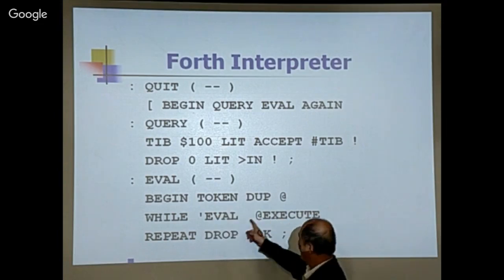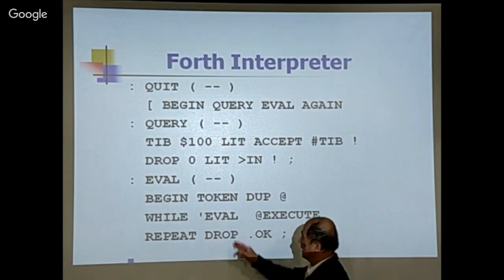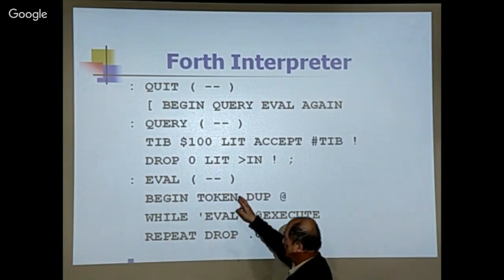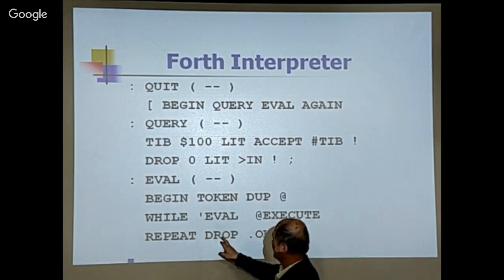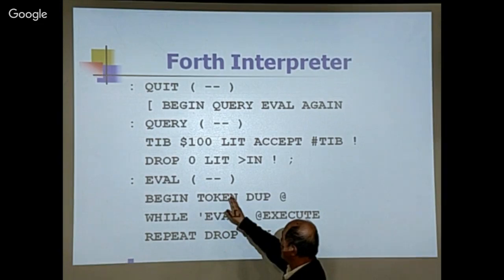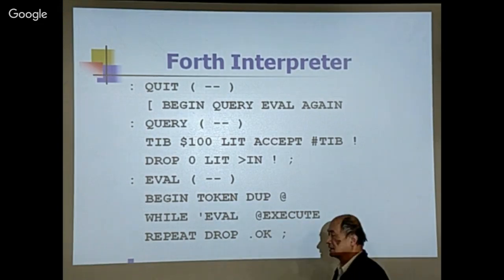When you reach the end of line, you drop off the address and send out the response, ok. So that's how the Forth interpreter is implemented in E4. And the central part is really this eval. You will process one line of code.